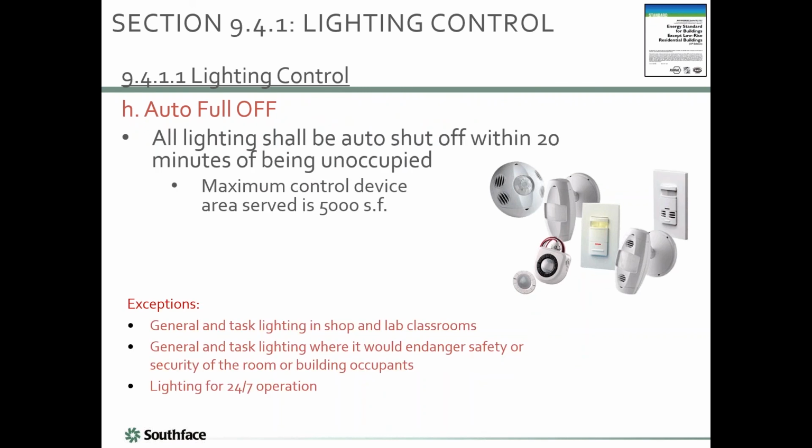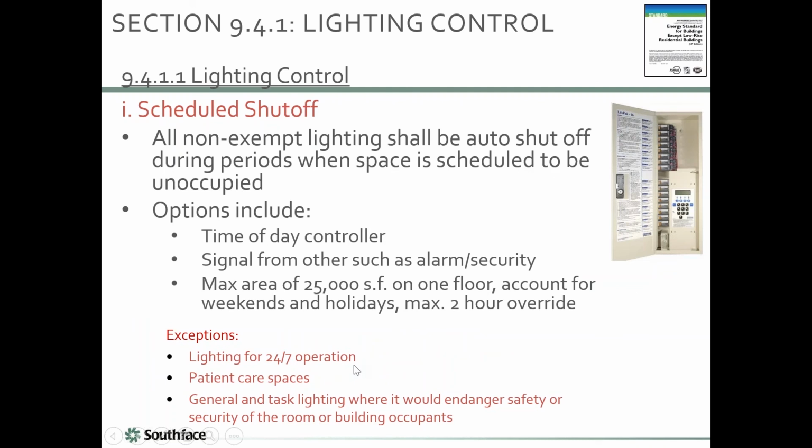And automatic full off is basically saying in a space, when people leave, those lights need to be off. And again, maximum of 20 minutes. And there's a couple of exceptions of places where they think it could be dangerous, or there's always some exceptions. And then finally, scheduled shut off.